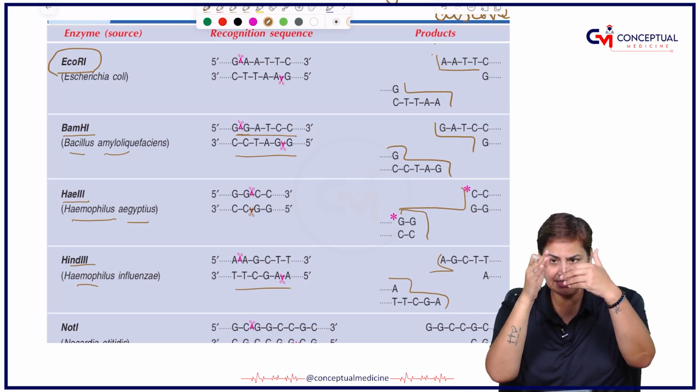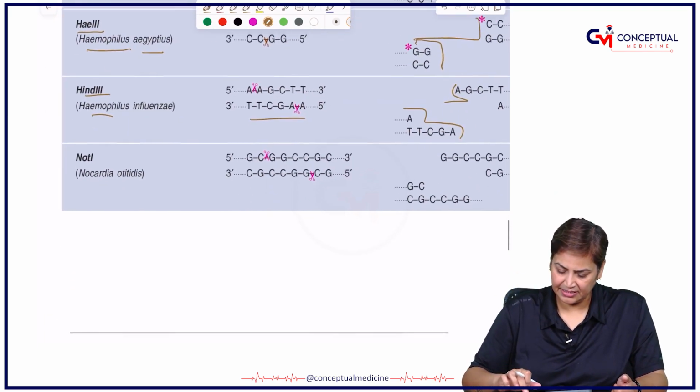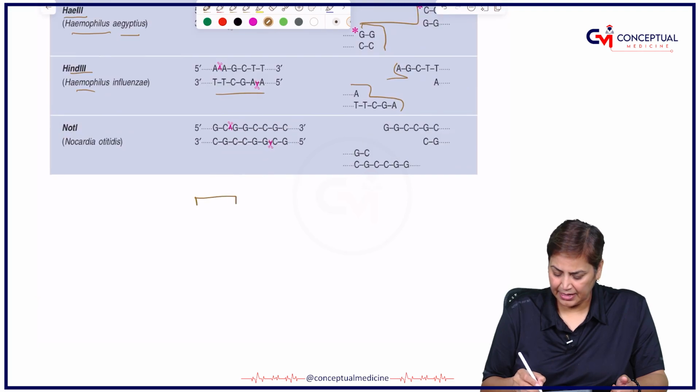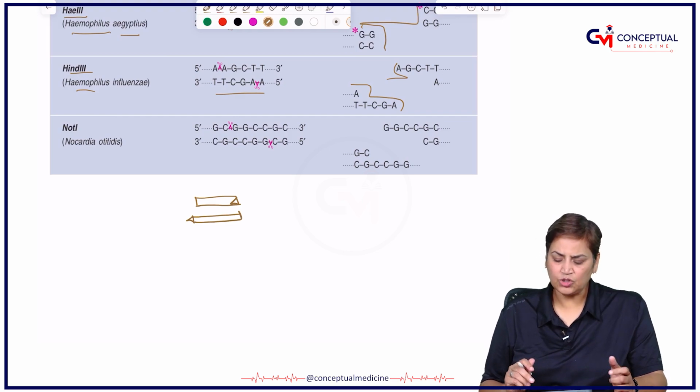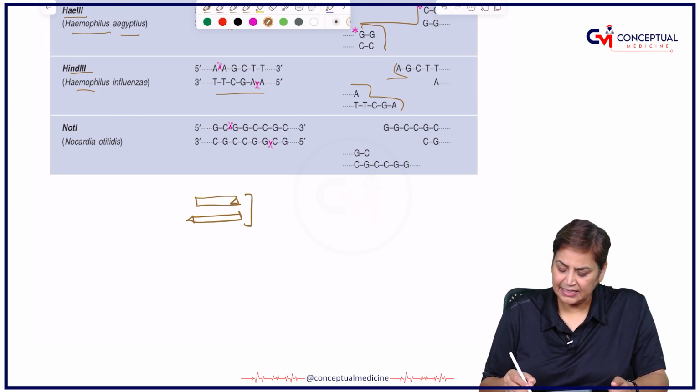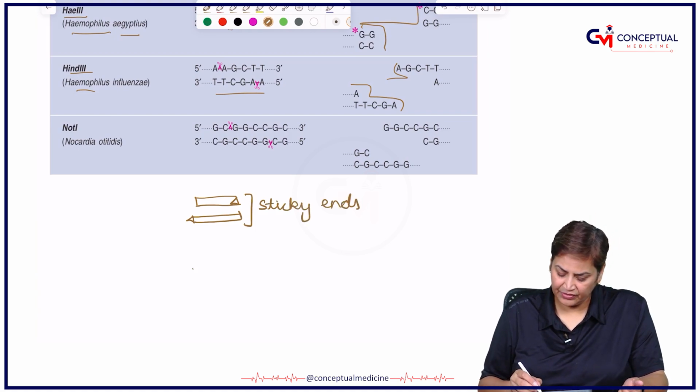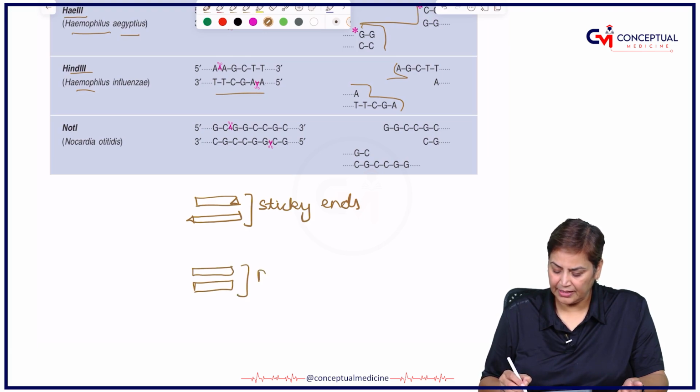Sticky means if one strand is like this, the other strand is like this. Okay, so these are known as sticky ends. There are some REs which form this type of end, which are known as blunt ends.